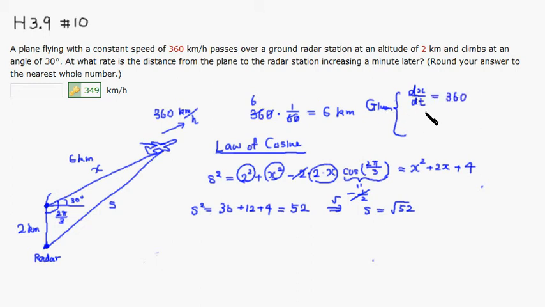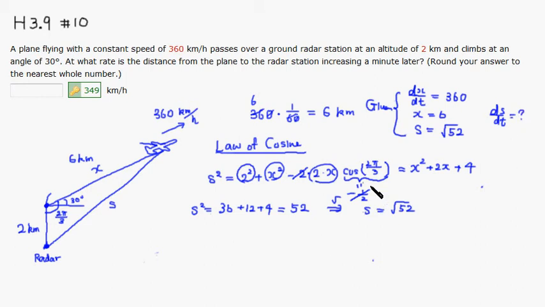And also x is equal to 6, which we already found, and s is equal to the square root of 52. Then what we're looking for is ds over dt.